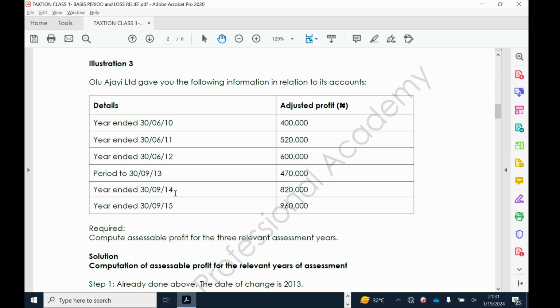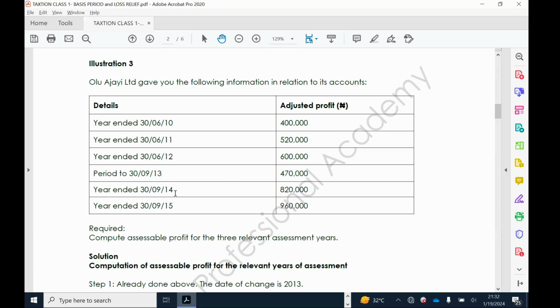The fourth step says that we should compute the assessable profit using the new accounting date. The fifth step says that we should now add up each assessable profit under the old and under the new. The sixth step says that we should now pick the one that is higher, and that is the appropriate method and the appropriate assessable profit that the tax authority is going to select.